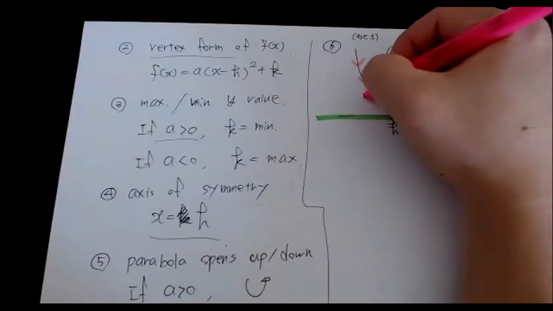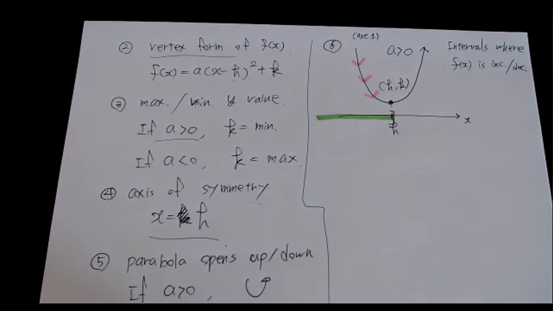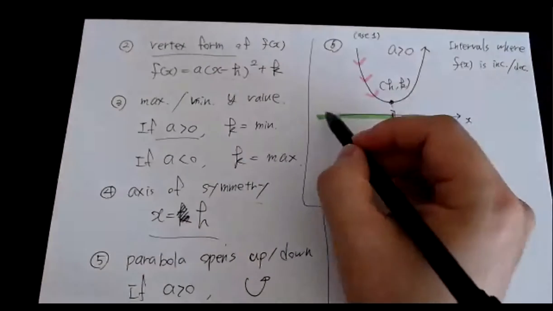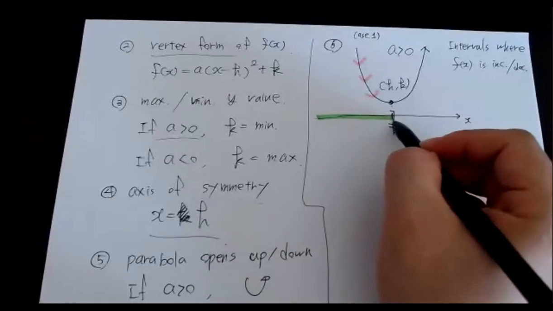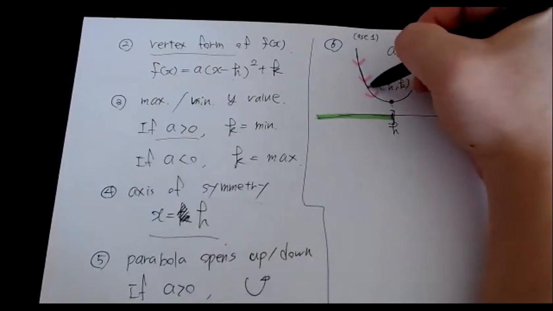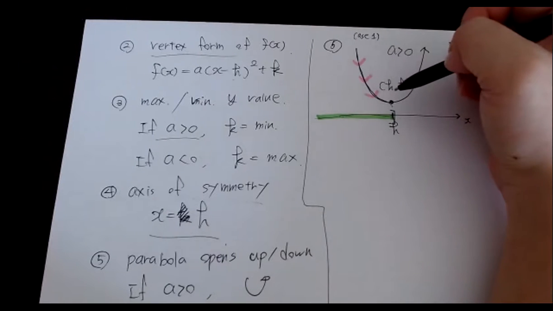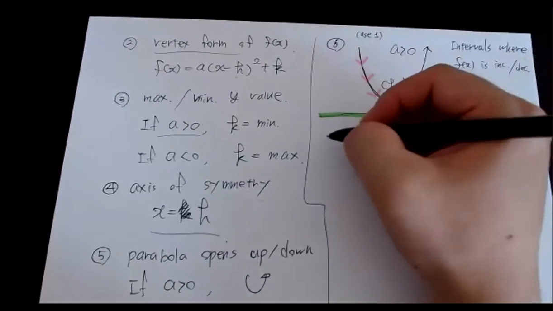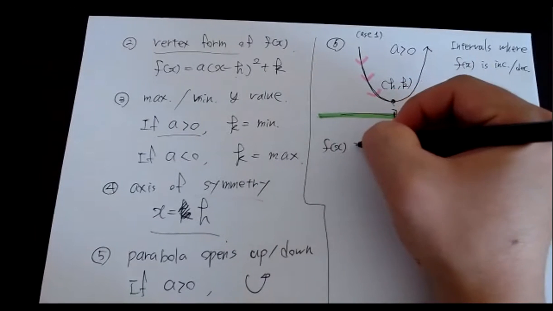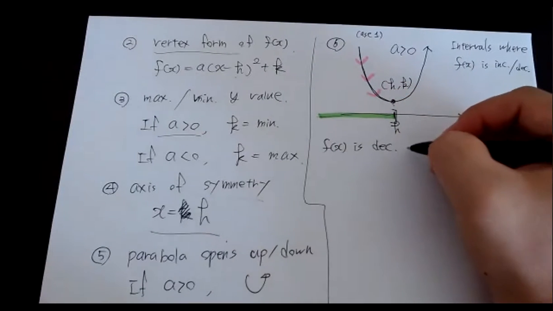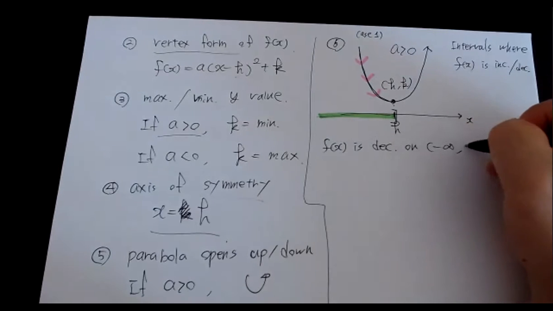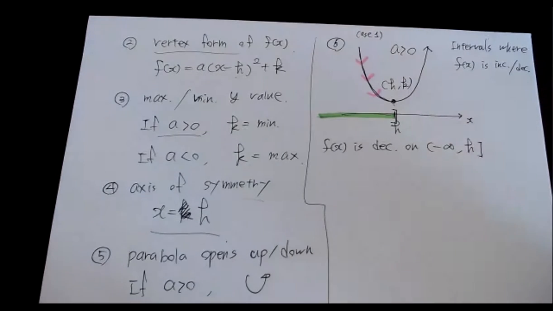As x is increasing from negative infinity to h, the graph goes down. It means the y value is decreasing. So we can say f of x is decreasing on negative infinity to h, including the end number.